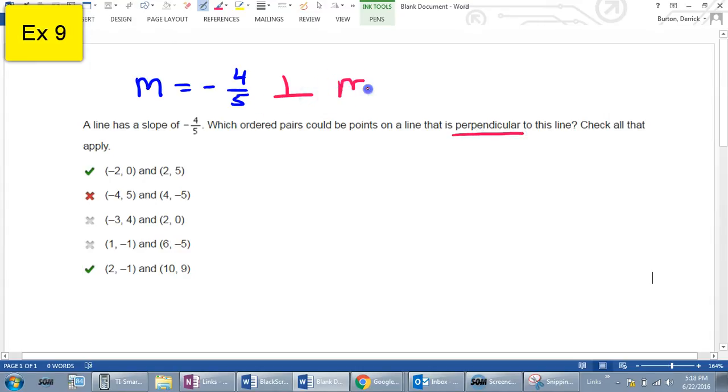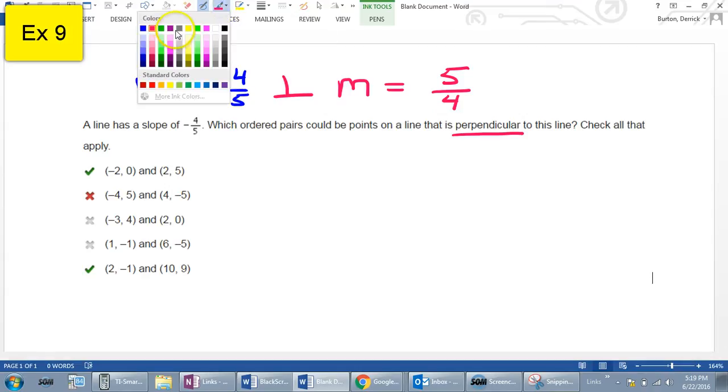So tell me, what would be the slope of a perpendicular line to this one? That would be positive 5/4, opposite in sign and reciprocal. So any points on this pink line have to form a slope of positive 5/4. All we have to do is check the slopes.